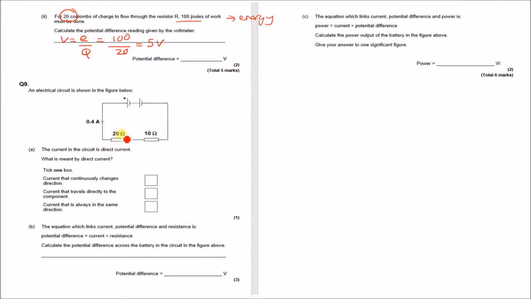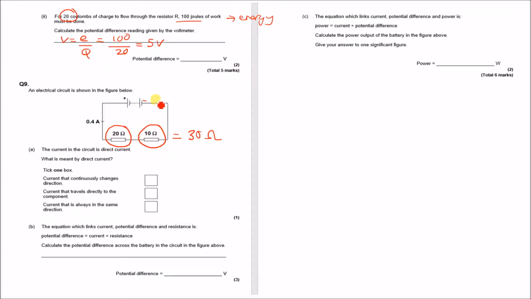In this circuit we've got a resistance of 20 ohms and a resistance of 10, so that total resistance is equal to 30 ohms, and the current must be the same everywhere in this circuit, so that's 0.5 amps. The current in the circuit is direct current, so we know it's going in one direction, and it always goes from the positive round the circuit to the negative, which is the smaller line.